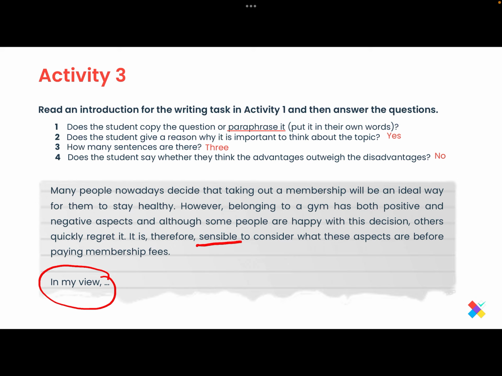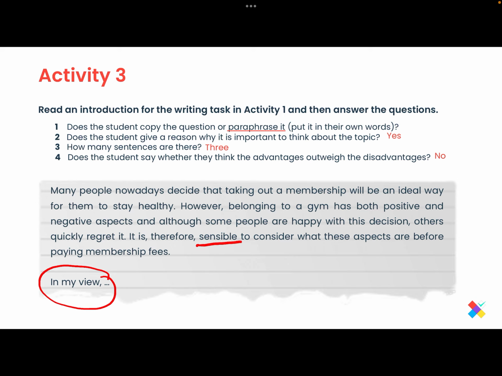For example, sometimes the most sensible thing is to ignore what people say and look at the facts. Whereas sensitive refers to feeling. When somebody says, oh, she's so sensitive, it's what we call in Romanian sensibilă. If you're sensitive, it can affect how other people feel about you. So be very careful: sensible and sensitive.